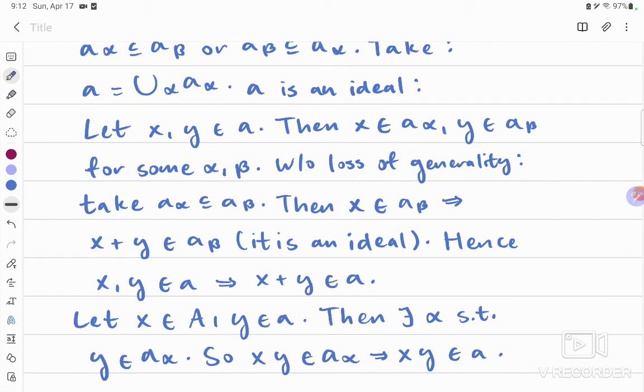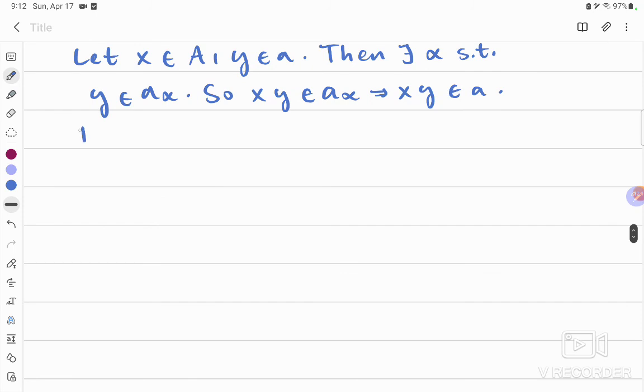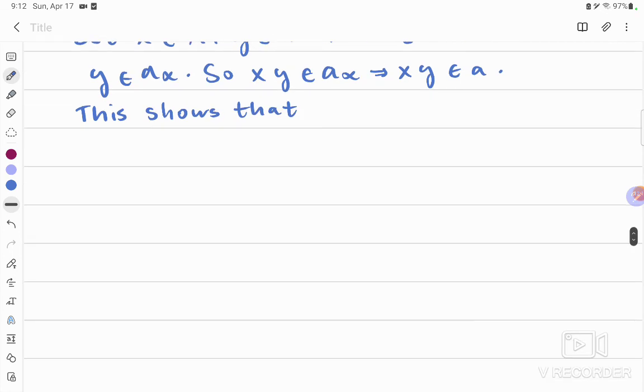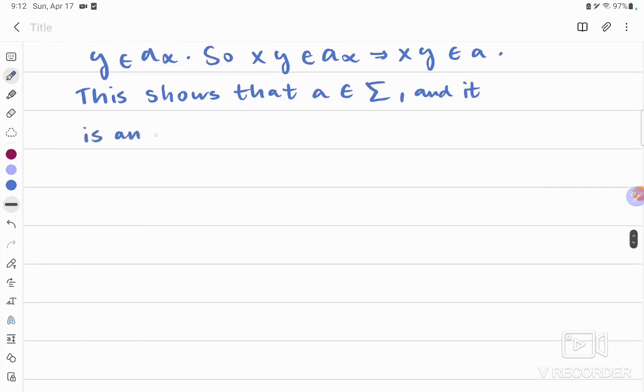Great. So we've shown that this union of all of the ideals in our chain is going to serve as our upper bound, because it bounds all of these ideals above, and it is itself an element in sigma. This shows that A is in sigma, and it is an upper bound for our chain.